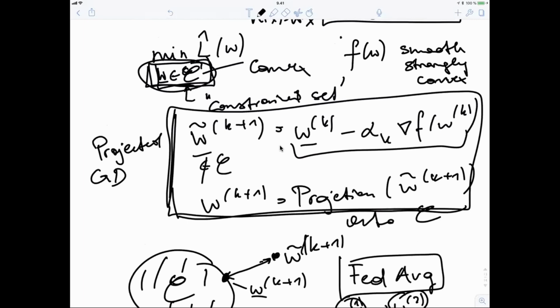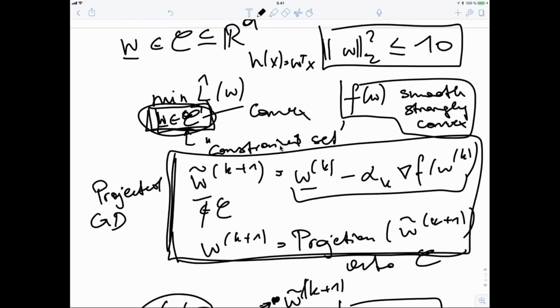Then the convergence speed of projected gradient descent towards the optimum is identical to the convergence speed of gradient descent itself. This is remarkable. The fact that we always project back onto the set C does not slow down the progress as we iterate. So in terms of number of iterations, projected gradient descent might be as fast as gradient descent.